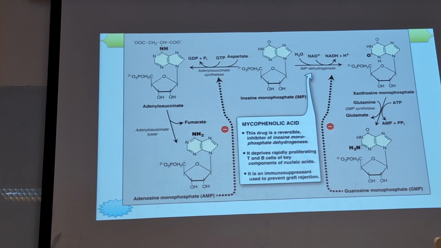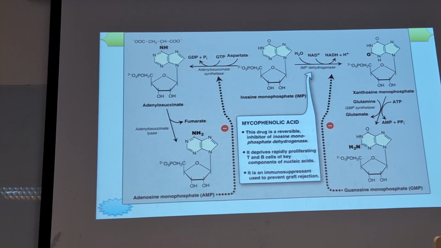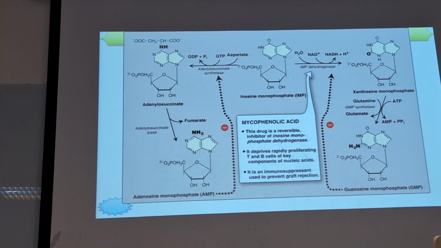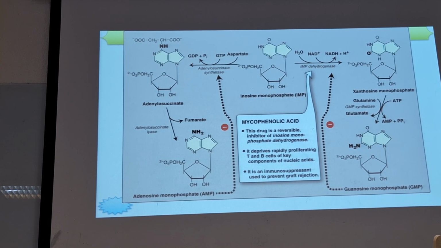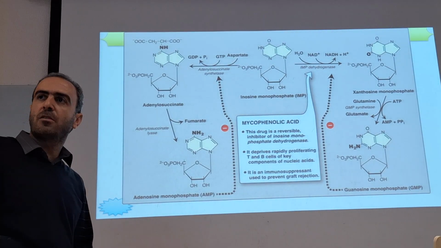So one of the side effects of chemotherapy is that patients lose their hair. The skin becomes colorless somehow. They have problems in their GI tract all the time, and their immune system is so weak. This is a complication of using transplant drugs.